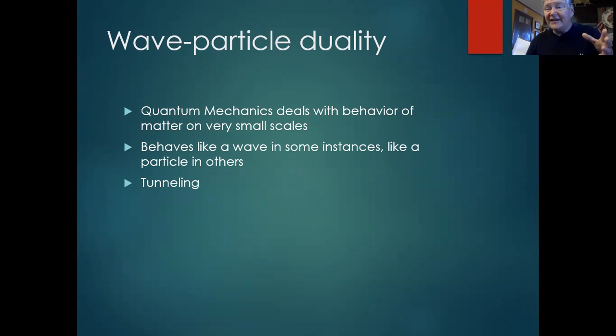And that may be a very small probability, maybe 1 in a billion that it's there, or 1 in a trillion. But when you've got Avogadro's number of atoms, which is 10 to the 23rd, 1 in a trillion is still 10 to the 11th electrons that are able to make that jump outside the atom.